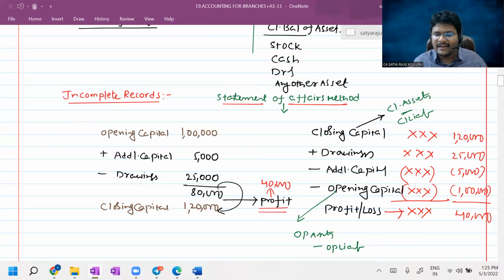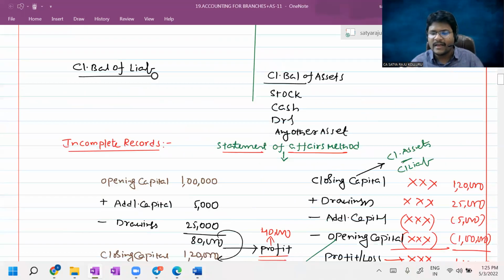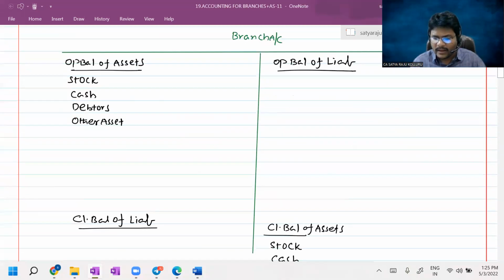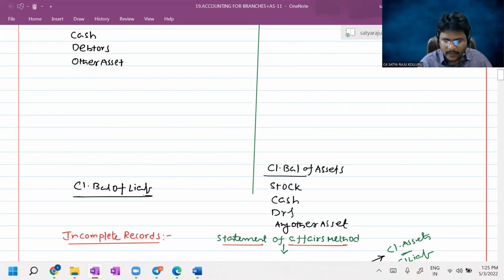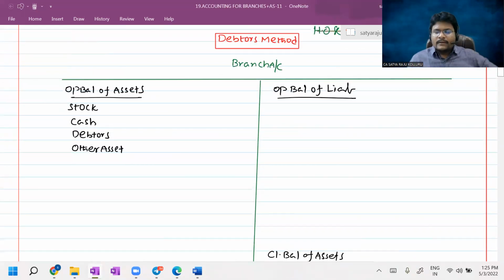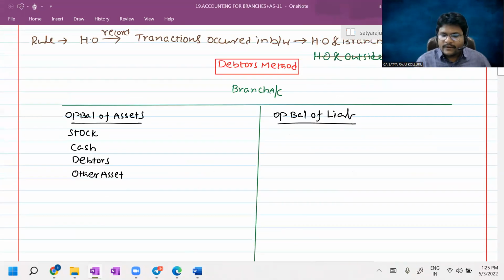Then I will connect with the statement of affairs method. Then you can easily appreciate the entire debtors method itself. Okay, next. Let me write down here: closing balance of liabilities. Fine.